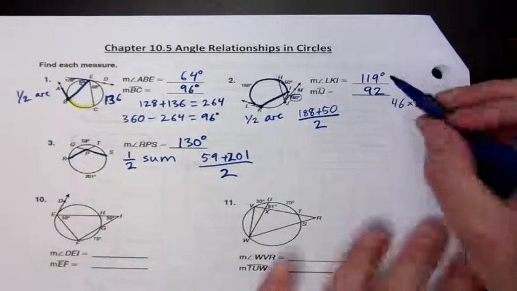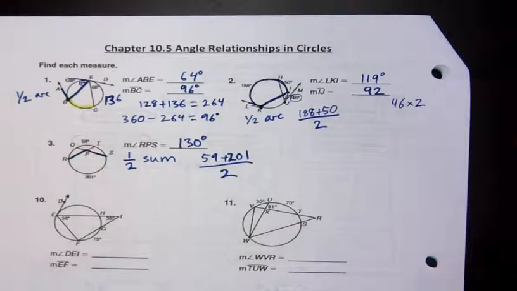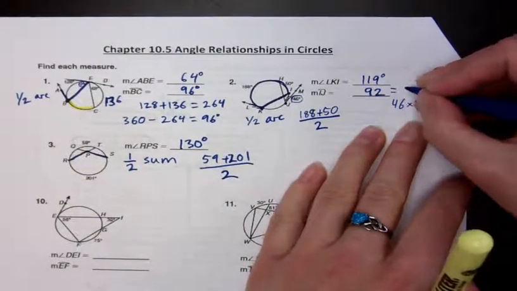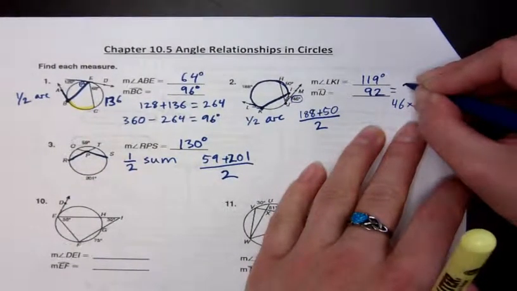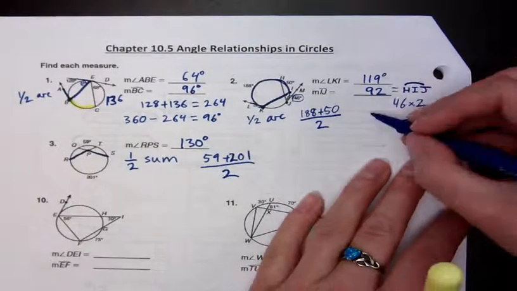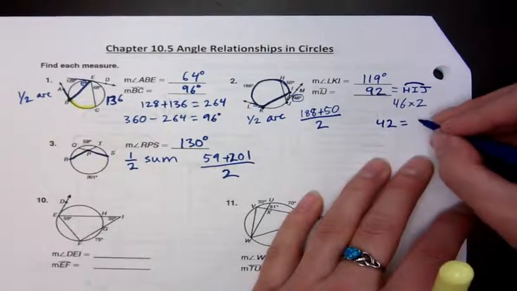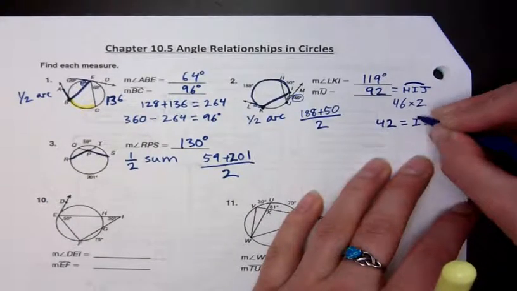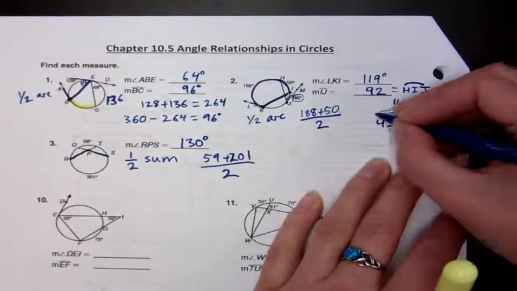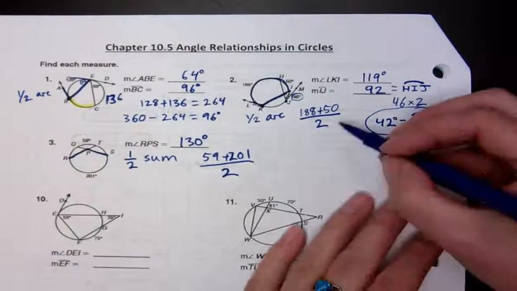Thank you. So 46 times 2 would give me this whole thing. So 92, yeah, so it's 42, equals arc HJ. So Geo found the mistake, because we have to subtract 92 minus the 50 we already have.